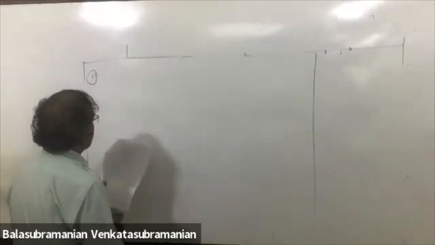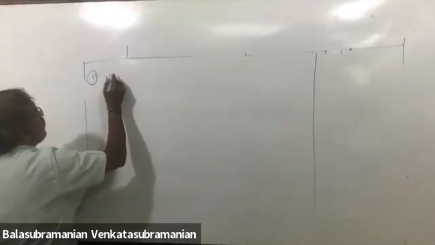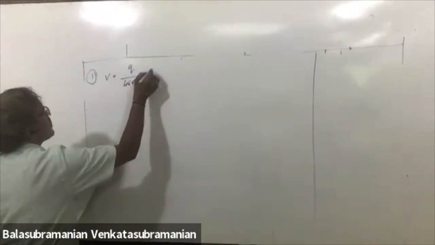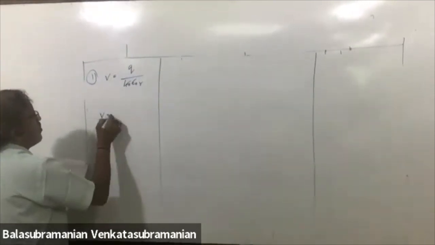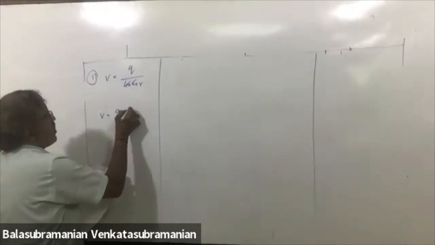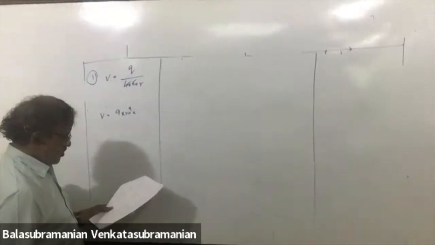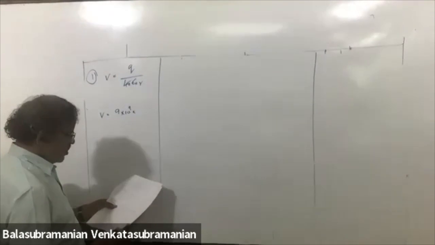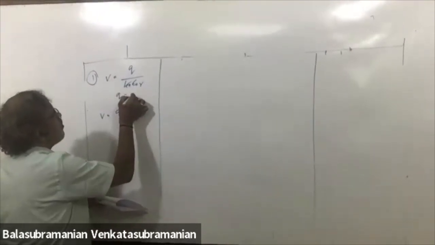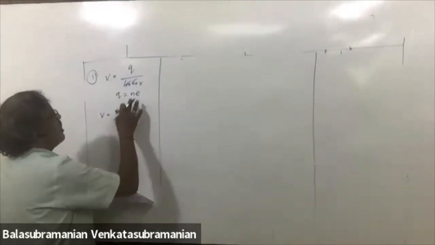That's okay. First one, for a point charge, the potential formula is V is equal to Q by 4 pi epsilon naught R. 1 by 4 pi epsilon naught is as usual 9 into 10 power 9. Charge is given as Q is equal to NE, N is Z E in our case.